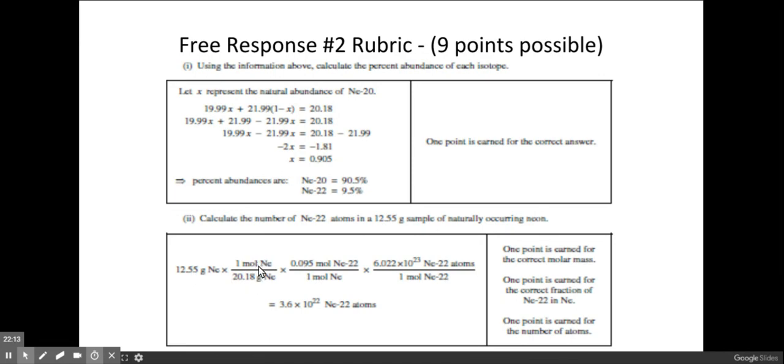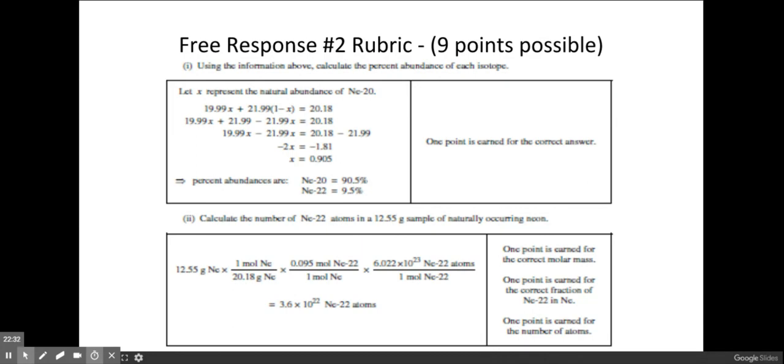Now, this is the part that's not quite so intuitive, is that 1 mole of neon, a whole sample, is only 9.5% neon 22. So you've used this number from the previous problem. This happens in AP all the time.